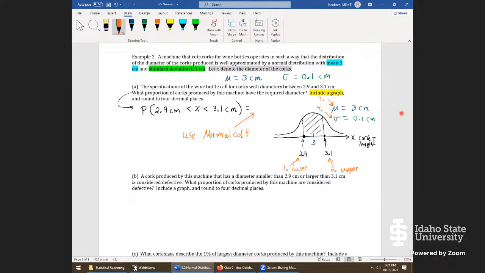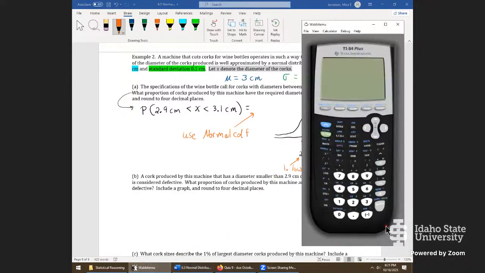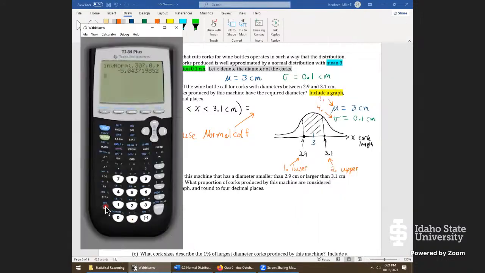Okay, so that's pretty much our graph. Push it up here. Okay, gotcha. And once we have our graph in, here's what it looks like in this calculator. We pretty much hit second bars to start off, go to option number 2, normal CDF, then just put in the values in the order indicated.